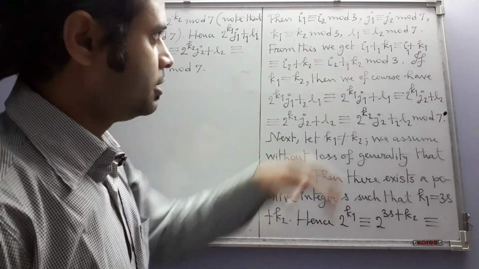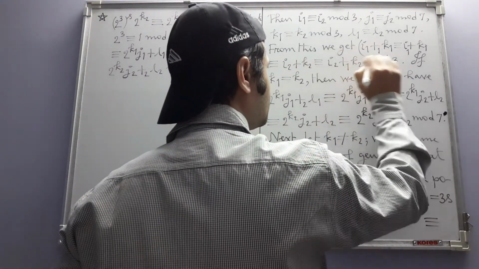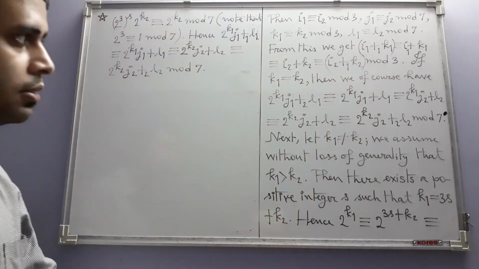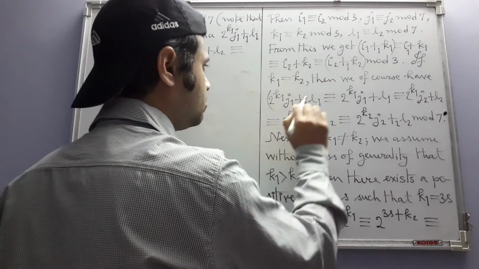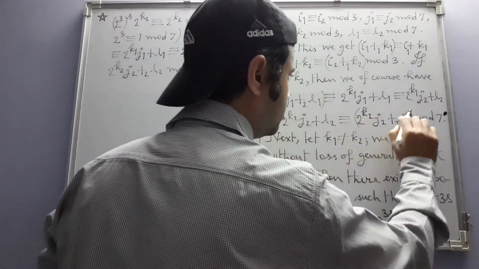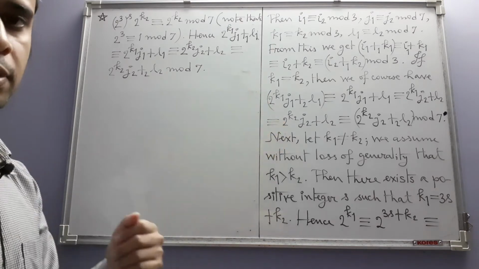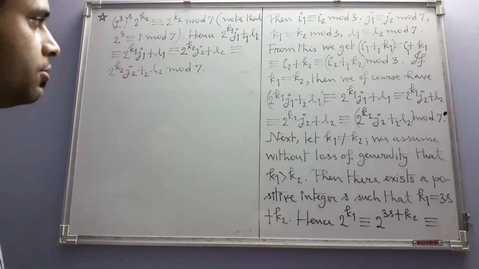Let us now use this congruence, that is, this thing congruent to this thing mod 3 and this thing congruent to this thing mod 7, which we have shown is true in both the cases. So in general also it's true.